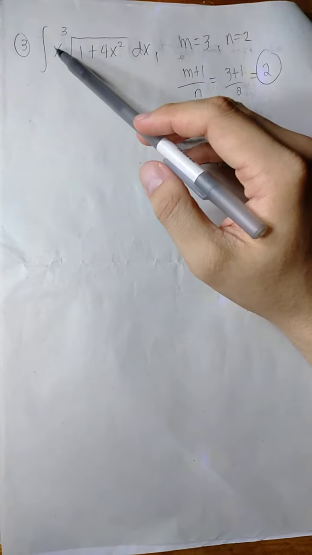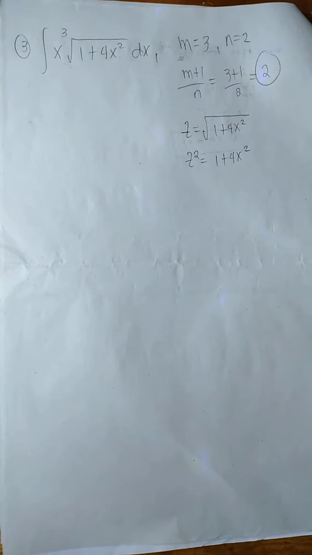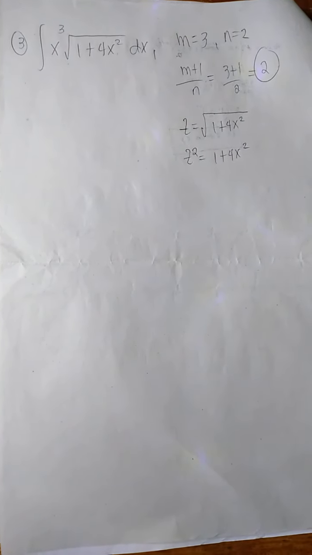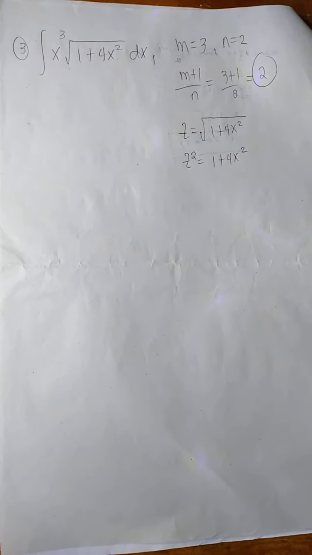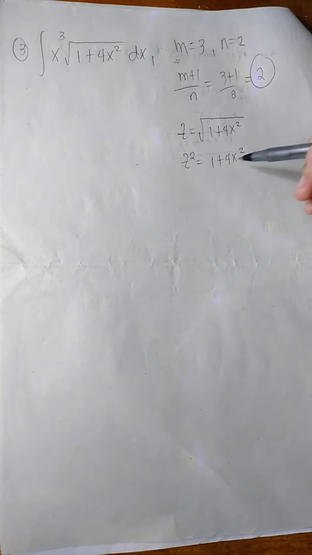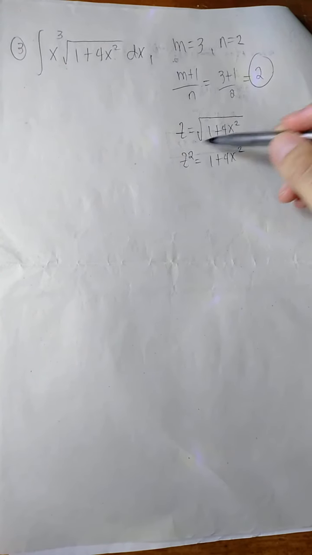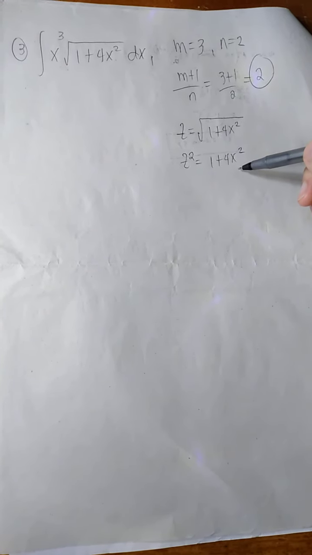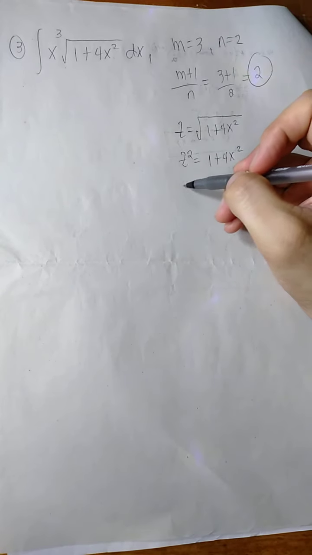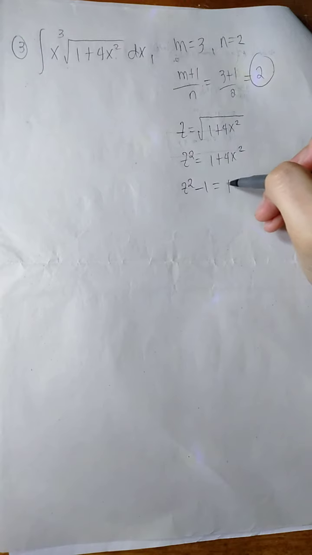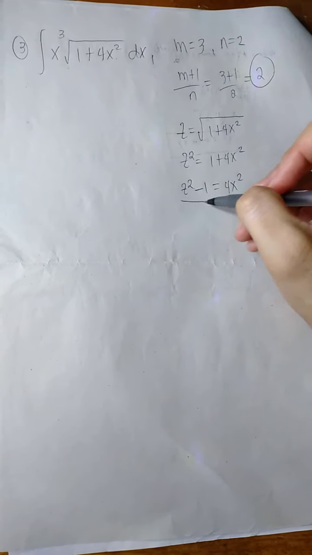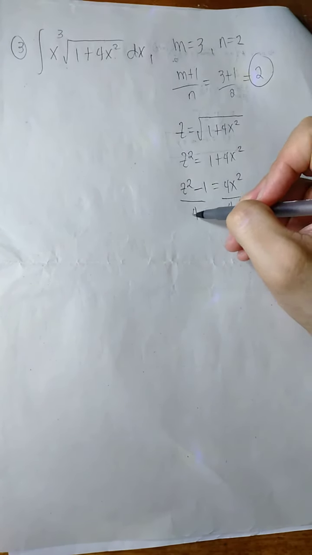So problem natin yung x dito. So how can we get rid? So para mapalitan natin ang z, using this, parang yung problem number 2 natin, we can express this substitution in terms of x. So transpose natin yung 1. So z squared minus 1 is equals to 4x squared. And if we divide both sides by 4, cancel.